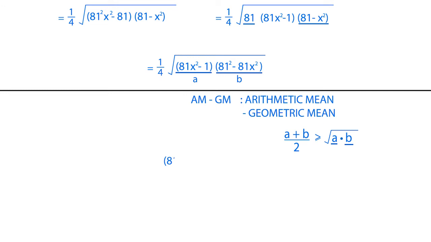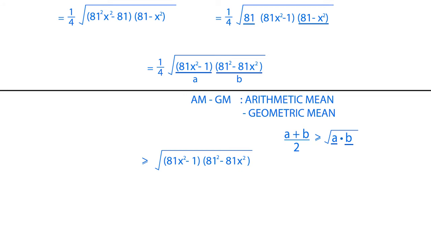The square root of (81x squared minus 1) times (81 squared minus 81x squared) will be less than or equal to, if this is a and this is b, we add them and divide by 2, exactly like AM-GM states.